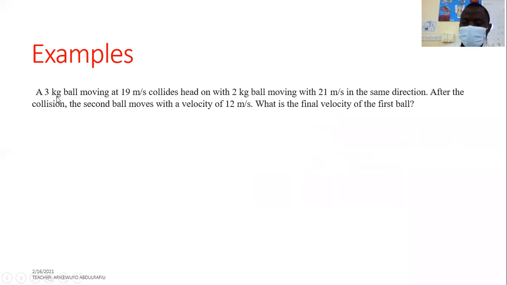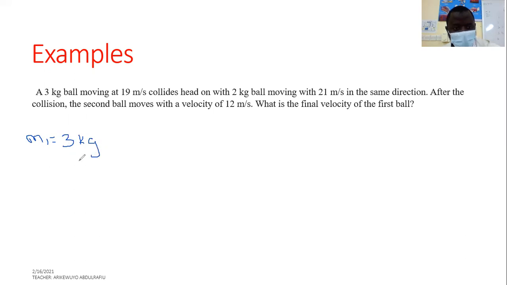Now, a 3 kg ball moving at 19 meters per second. So I want to call that ball my mass 1. My m1 is equal to what now? 3 kg. Are you following?